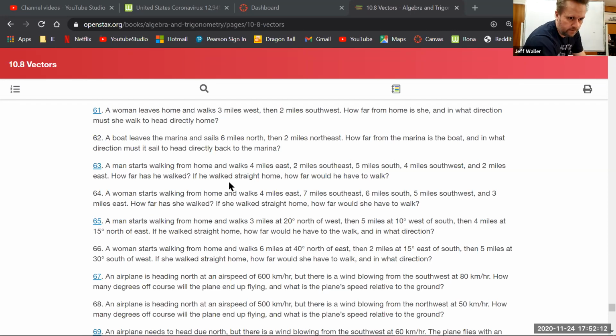So look at this: 4 miles east, 7 miles southeast, 6 miles south, 5 miles southwest and 3 miles east. Let me write this stuff down and then you guys do it too.